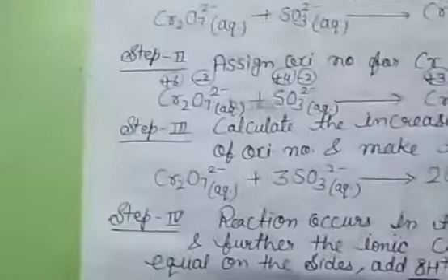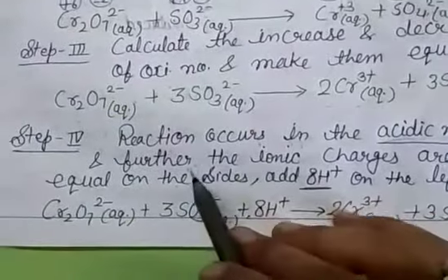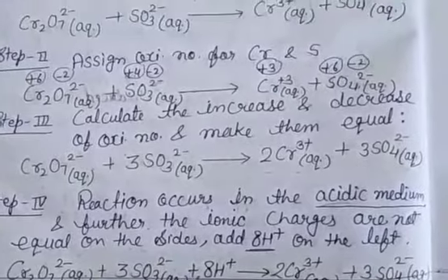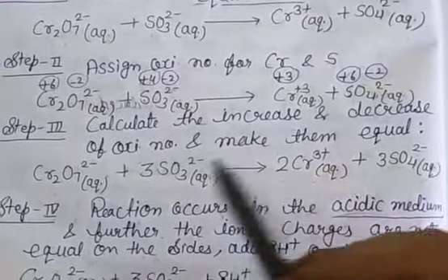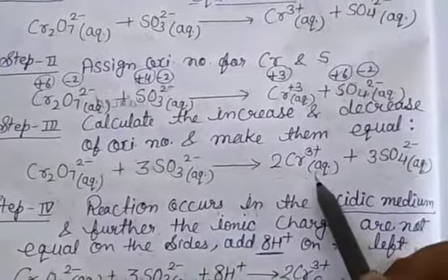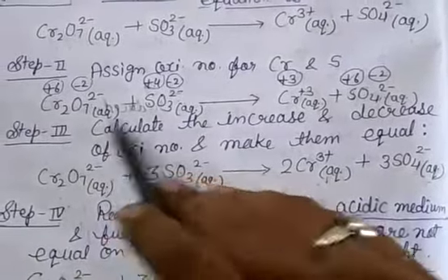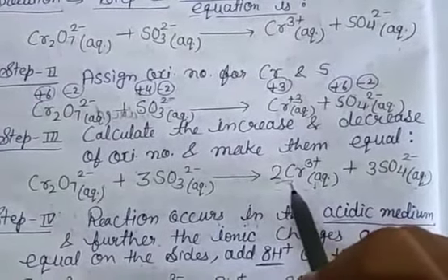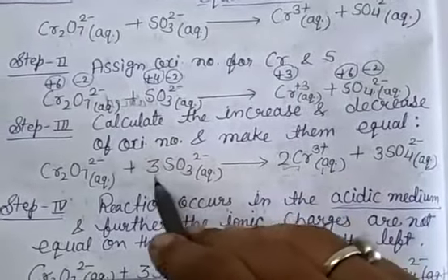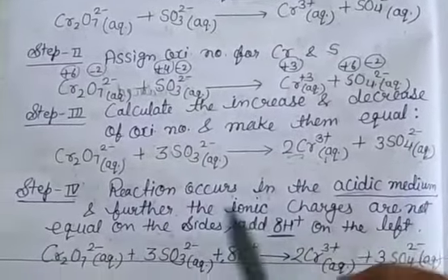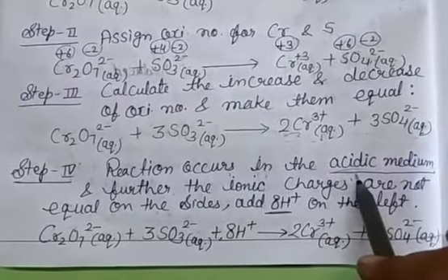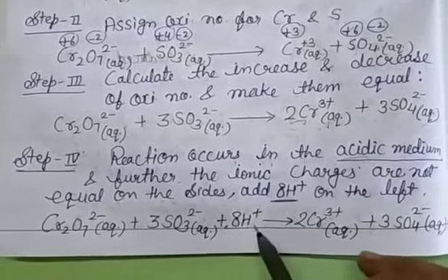So here you see reaction step 4. The reaction occurs in the acidic medium. First we balance by calculating the increase and decrease, and then multiply the sulfur side by 3. Then step 4, the reaction occurs in the acidic medium, so we have to add H plus ion.